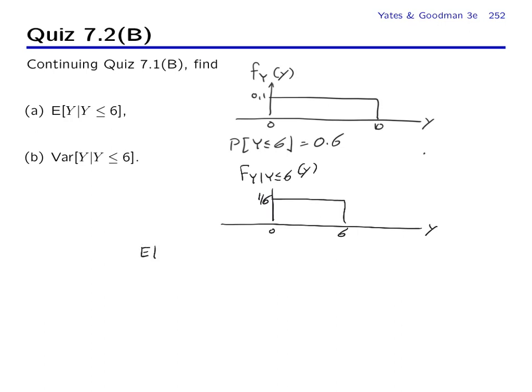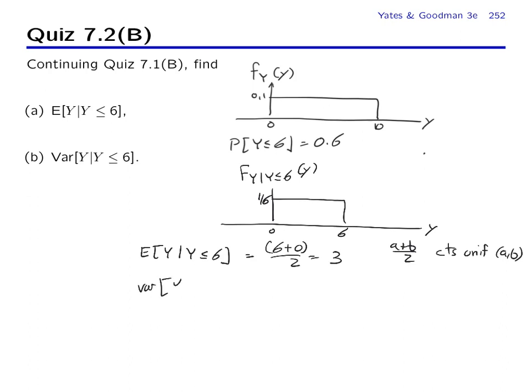So the expected value of Y, given Y is less than or equal to 6, is simply the expected value of a uniform 0 to 6 random variable, which of course is (6 plus 0) over 2, equal to 3. It's the old (a plus b) over 2 formula for continuous uniform a, b random variables.